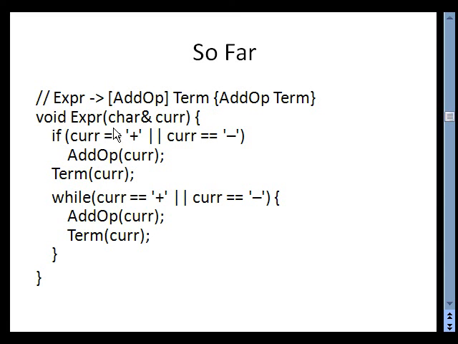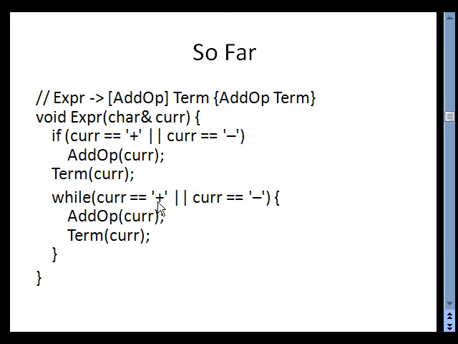Well, here's how the expression is going to be once we have eliminated the call to F and eliminated the call to G. We're going to check for our lookahead here, and instead of calling F, we're going to just do what F did, which is call AddOp. And then here, we're checking our lookahead, but instead of calling G, we're just going to put a while loop that handles this part of the rule.